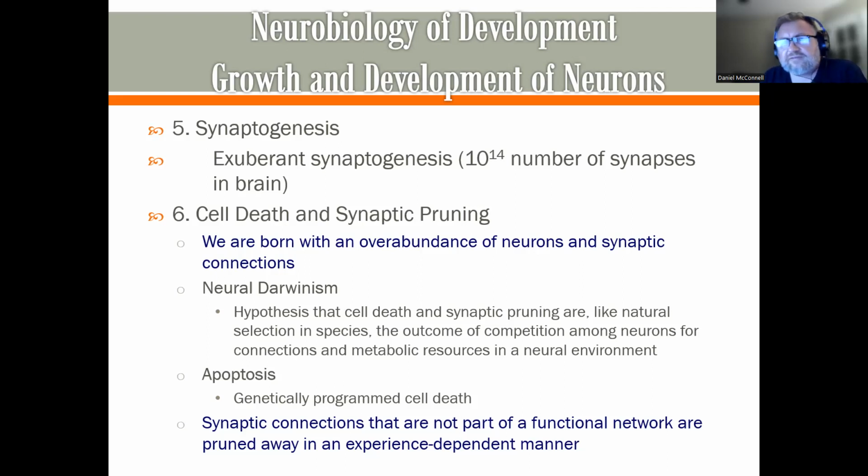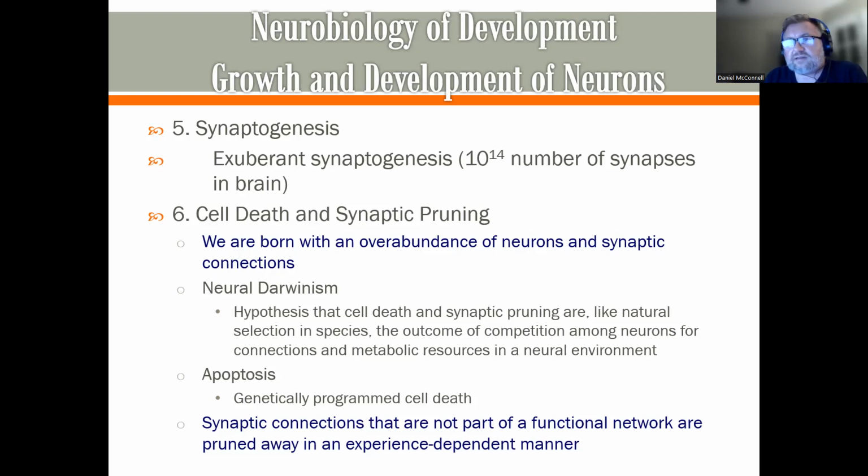But curiously enough, we perhaps overproduce synapses, right? We make more synapses than we really need. And this gives us our next stage here, which is to actually get rid of some of them. As it turns out, there are some neurons that we might not even need, right? So we grow all these neurons, and maybe eventually we determine that some of them are unnecessary.